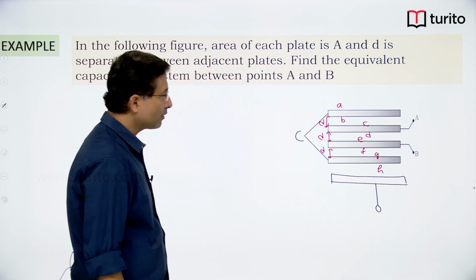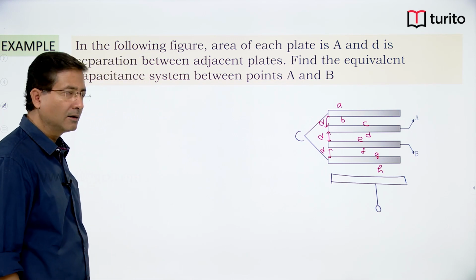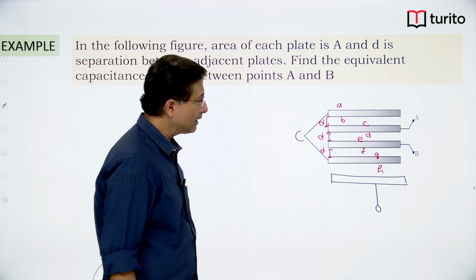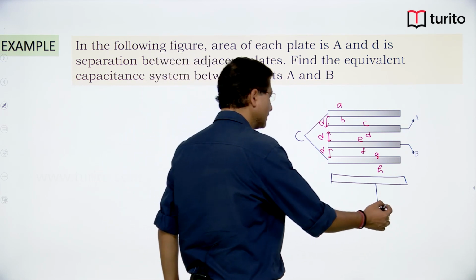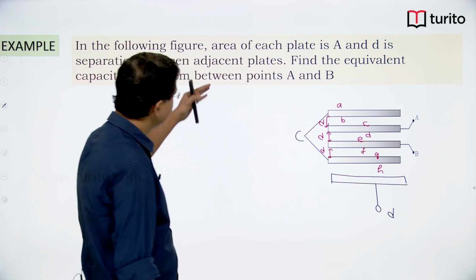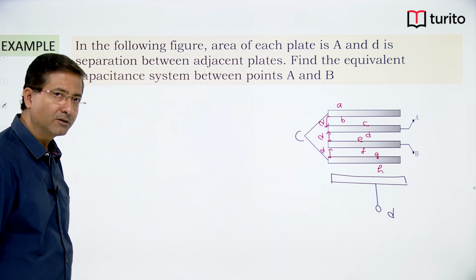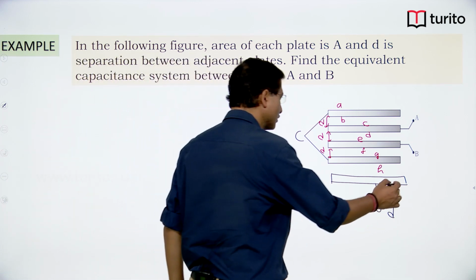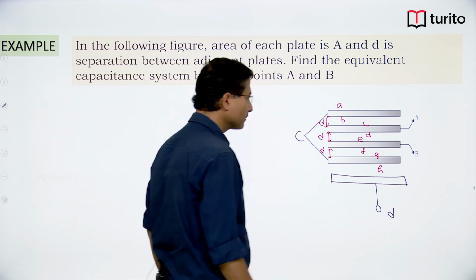I added just one terminal, and that is facing the plate which is connected to C, and I am calling this terminal D. I just added one more plate in the previous question, so that we will have clarity on how to solve the problem completely.